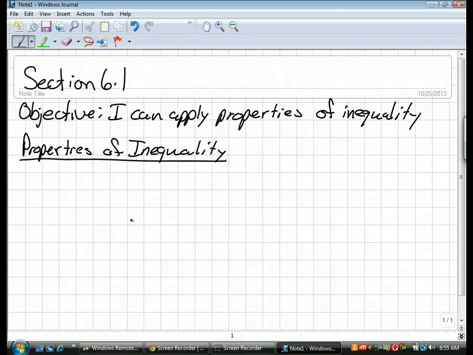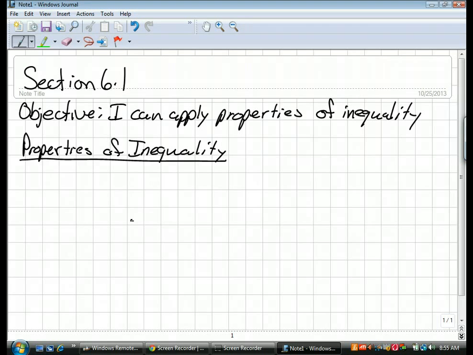Section 6.1, our objective is I can apply properties of inequality. So first of all, let's go over the properties of inequality. You saw these in algebra, but let's go over them.